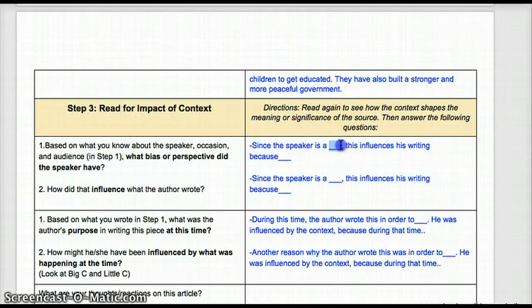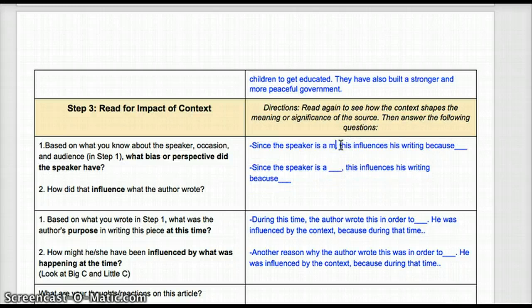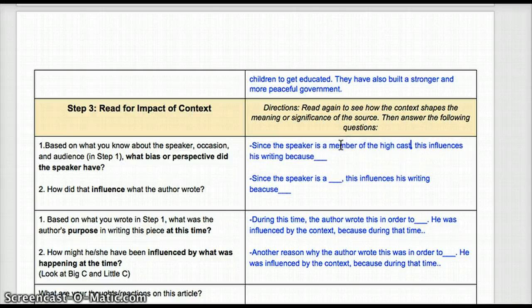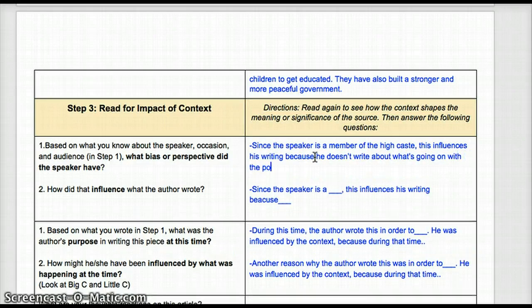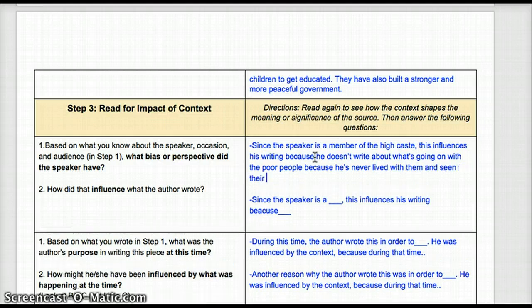Since the speaker is a member of the high caste, which means he's rich, this influences his writing because he does not write about what's going on with the poor people because he's never lived with them and seen their suffering. He's never been poor or died of hunger.